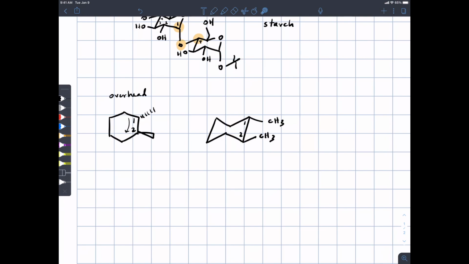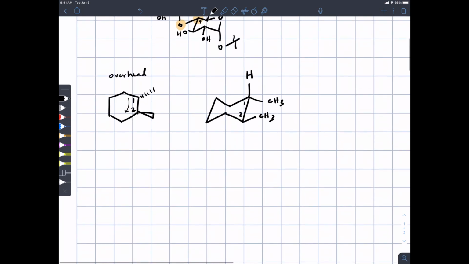I notice that as I've chosen to put carbon 1 at an up carbon position, the substituent on carbon 1, the methyl group, is down, and at an up carbon, the down position is equatorial. So I put the methyl group in that equatorial position. I could also put in the hydrogen that's implied but not shown in the drawing on the left.